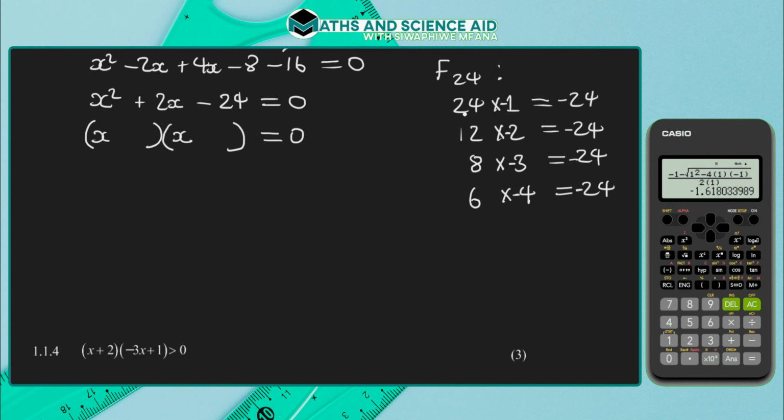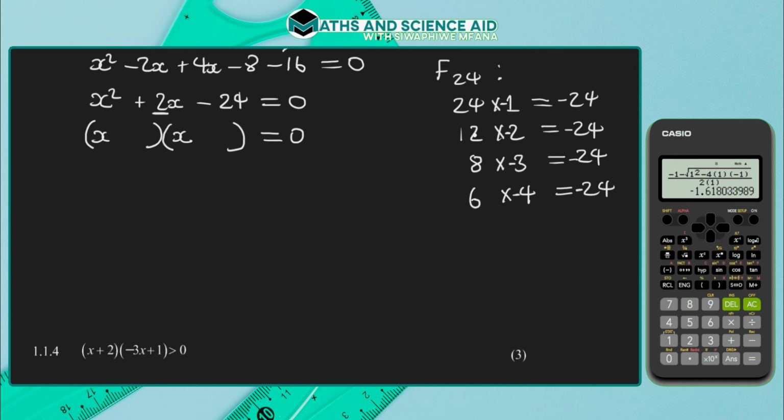We should now look for a set of factors here that we can combine to give us the coefficient of the middle term. So the coefficient of the middle term is 2. So we can go into each of these sets and see which set of factors we can combine, or to be more specific, add or sum up in order to obtain the middle term, which is 2. For example, if we take 24 and we sum it with -1, we are going to get positive 23.